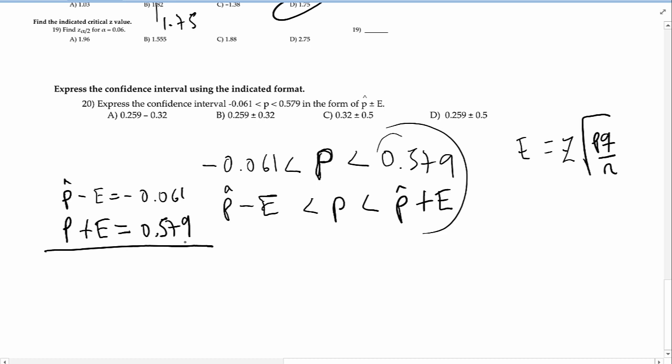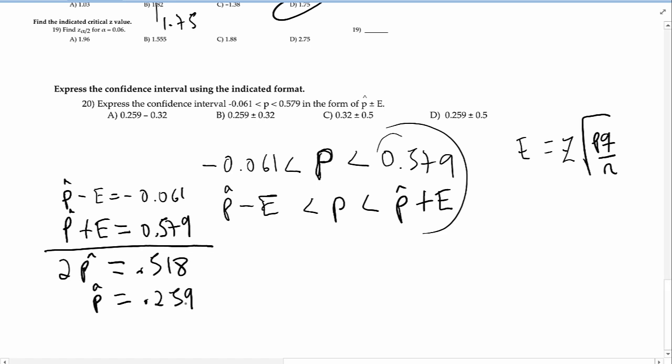When we add these two equations, we get two p hats, two times the proportion of the sample, equal to the sum of these two numbers, which is 0.579 minus 0.061, and that gives me 0.518. So divided by 2, we get 0.259.